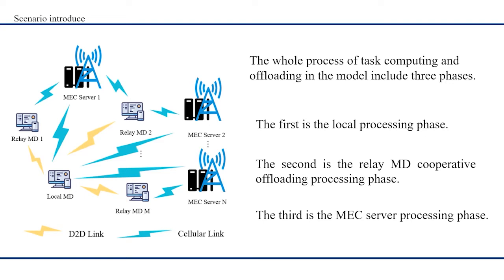The third is the MEC server processing phase. The MEC server processing phase consists of computing the directly offloaded segment from the local mobile device and the indirectly offloaded segments from the relay mobile device.